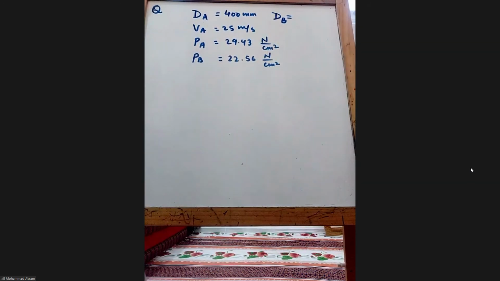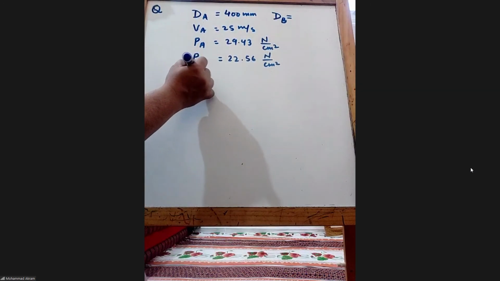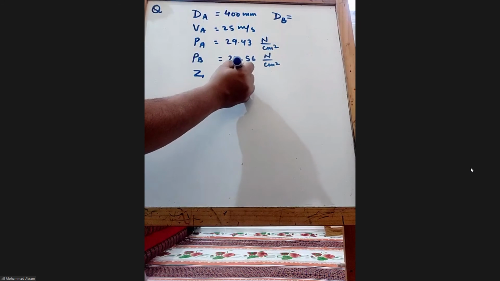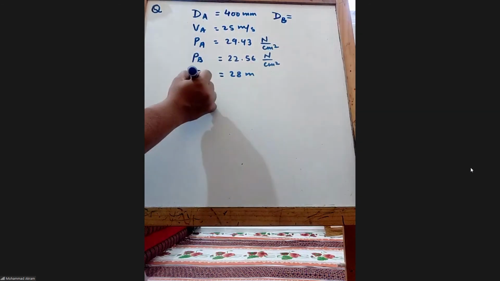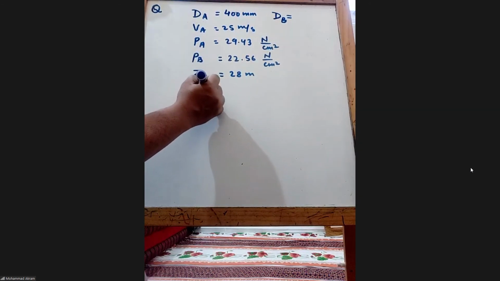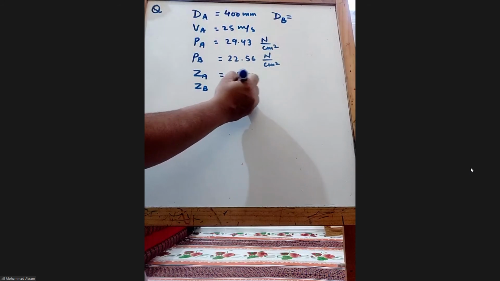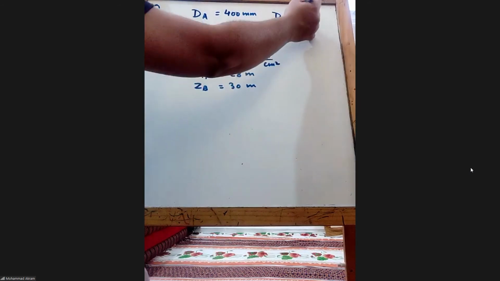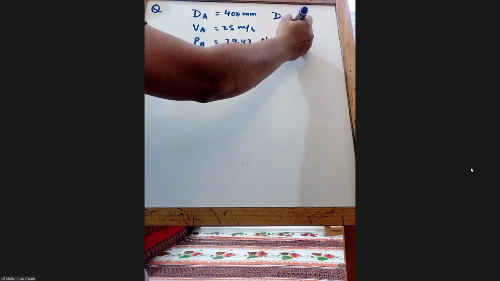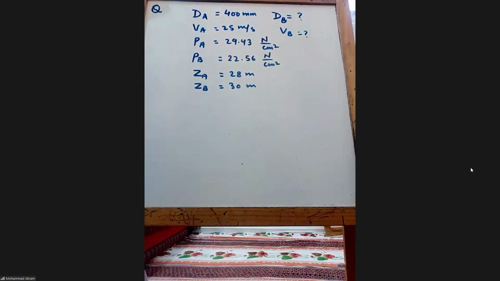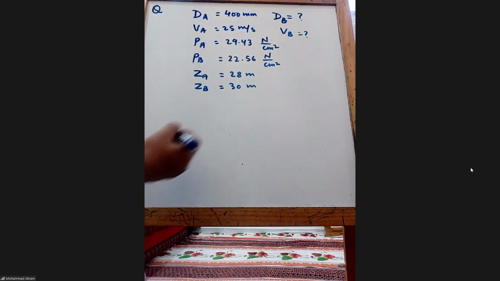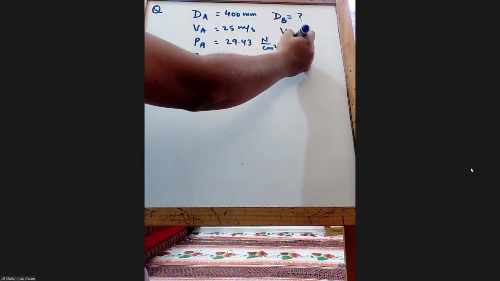And the reference at point A is 28 meter and for B 30 meter. We need to calculate the diameter and the velocity at B, right? Find the loss of head between A and B. Okay, loss of head.